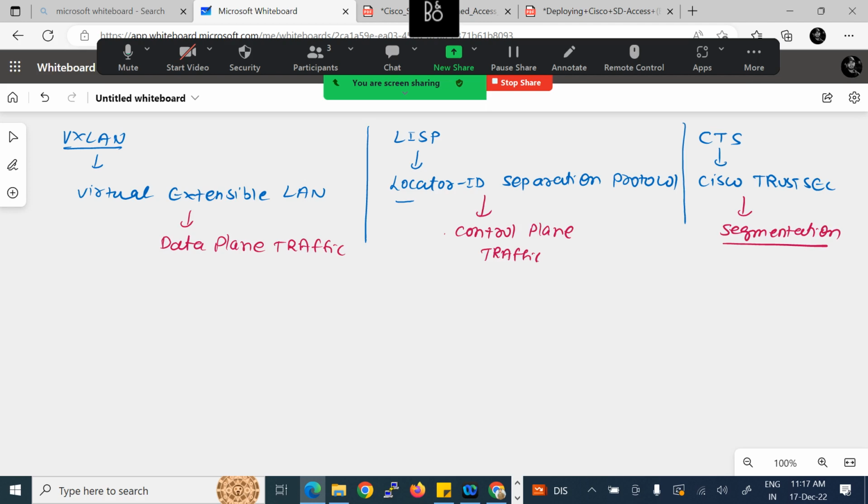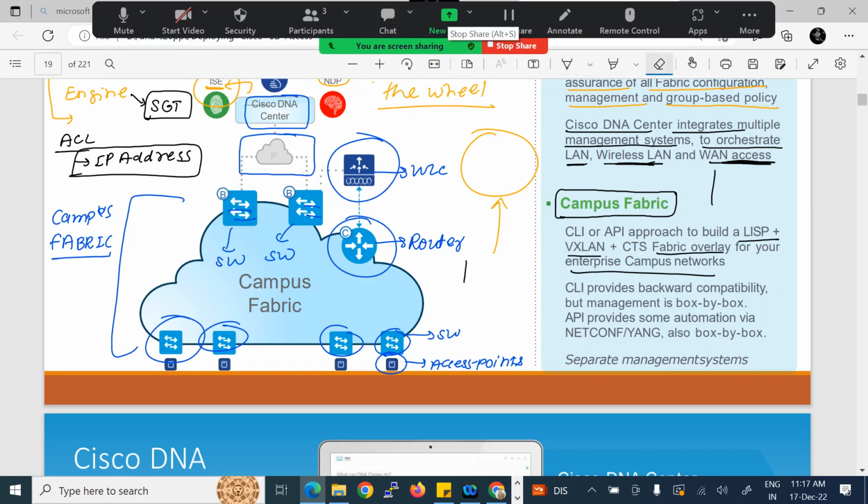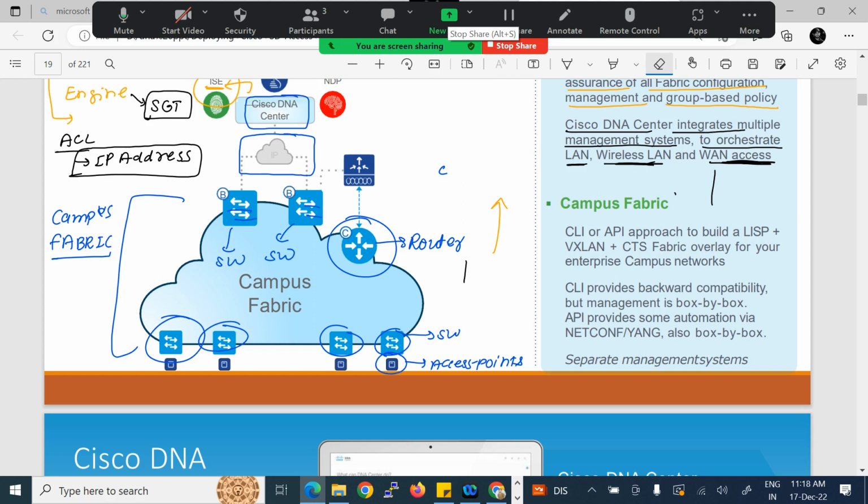So now you'll see we will not be running STP, spanning tree protocol, in the network. That's why in the campus fabric we have LISP, plus VXLAN, and then CTS, Cisco TrustSec.